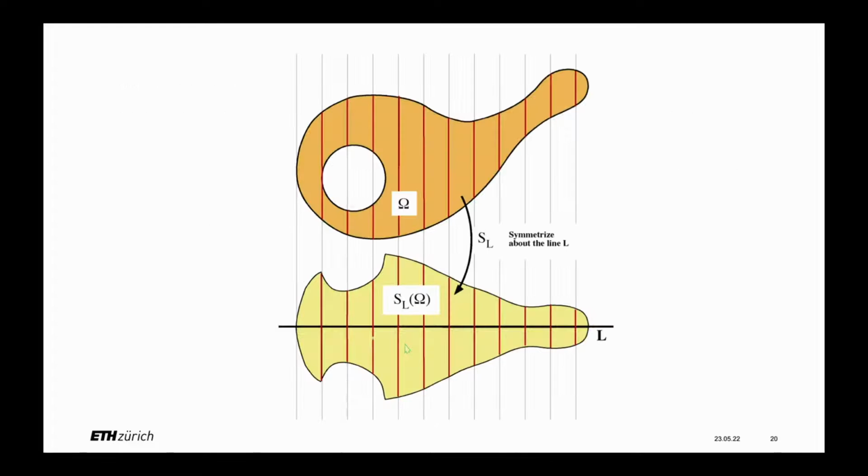So let's have a look at a visualization of our Steiner symmetrization. What we have here is a set. With Steiner symmetrization, this line would be our L, and this would be our V, the hyperplane, which is orthogonal. We are looking at the lines, and we centralize them with respect to V. If there is a hole, as we can see, we sum up the lengths and centralize them such that the hole is not there anymore, so it's just outside as a boundary.